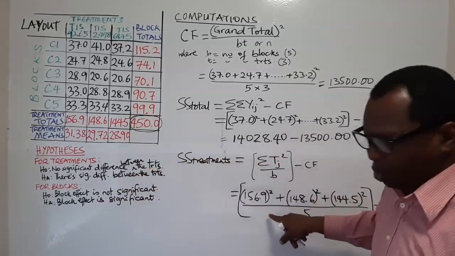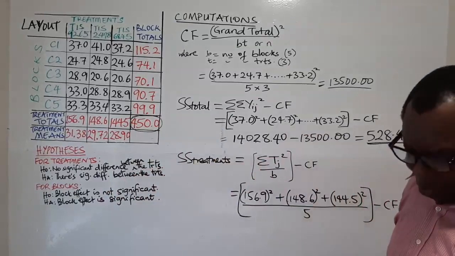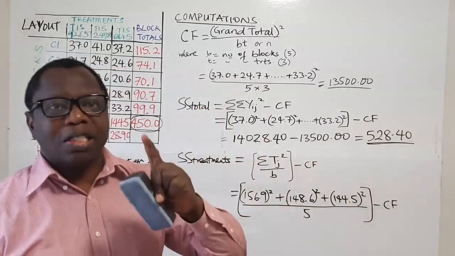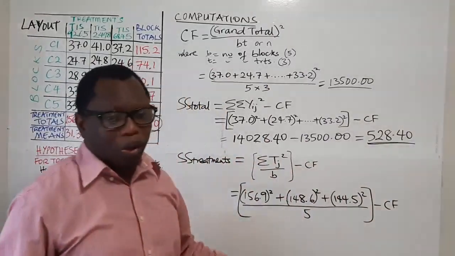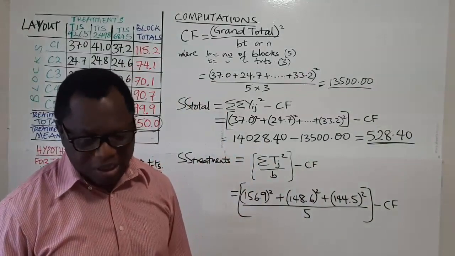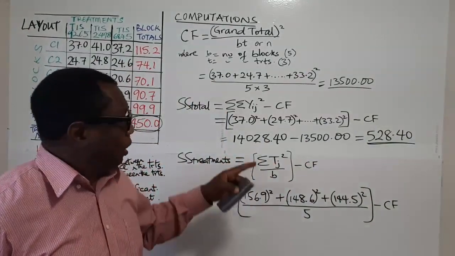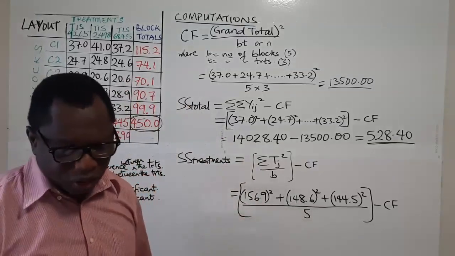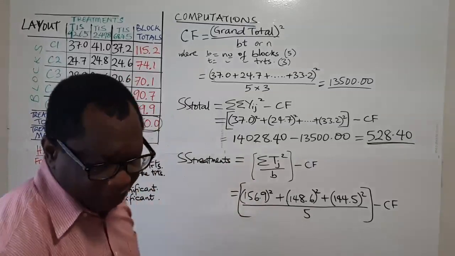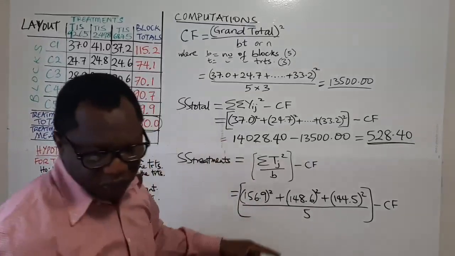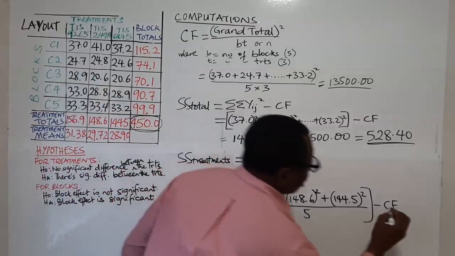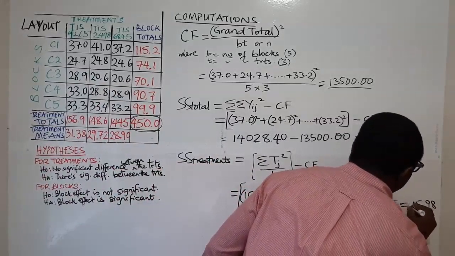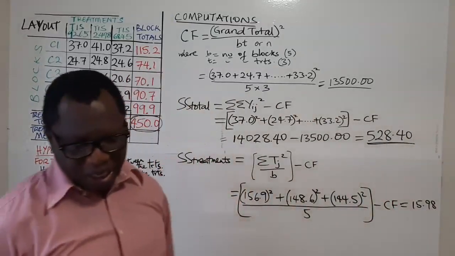So that's how you calculate the SS treatment. Just the same way as you do under CRD. So up to here, the calculation is still the same. But then, when you evaluate this, the final answer you will get is, maybe I should write it here, 15.98 as the final answer.